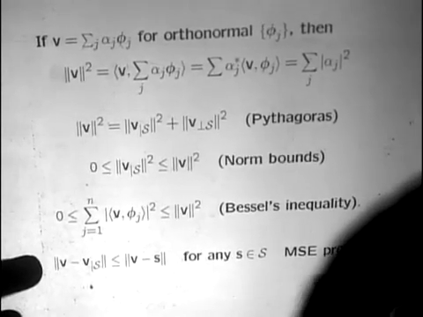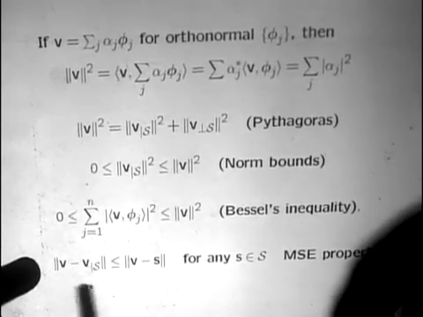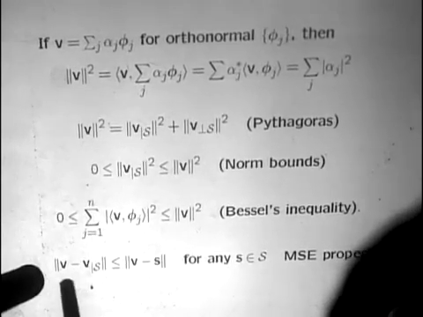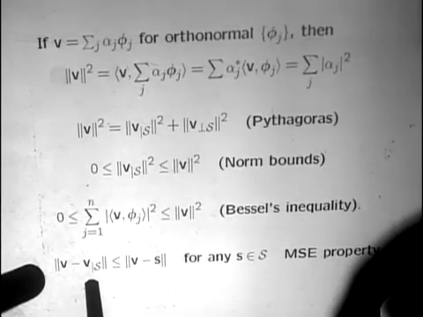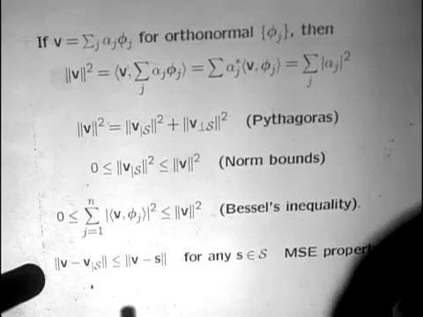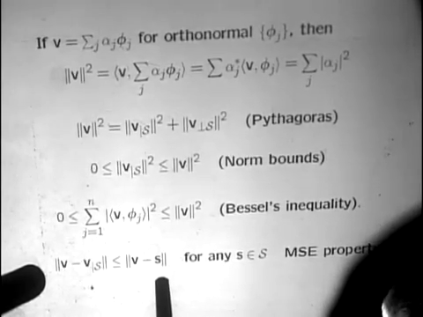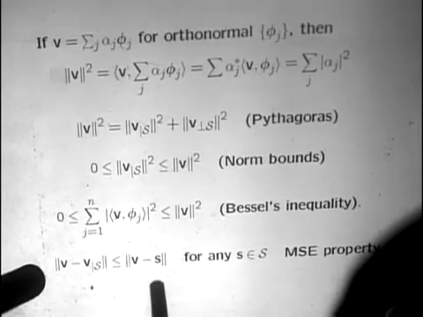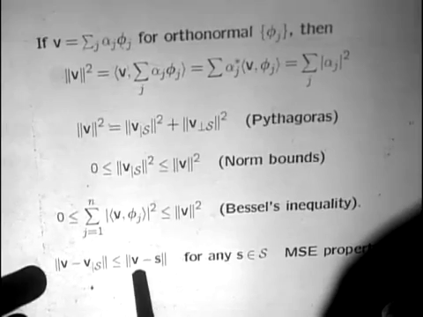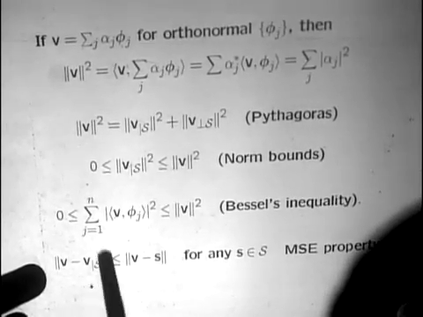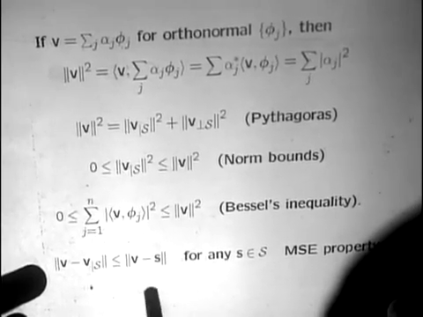The last is this thing called the mean square error property. It says that if you take the difference between the vector and its projection onto the space, this is less than or equal to the difference between the vector and any other s in the space. Any other, I can always represent V as being equal to this plus the orthogonal component.